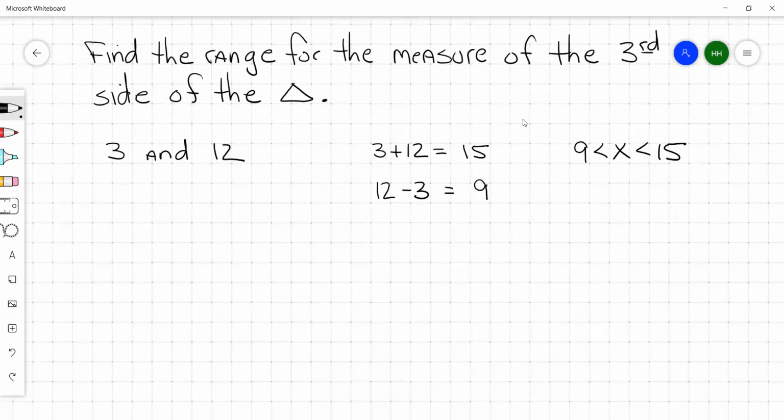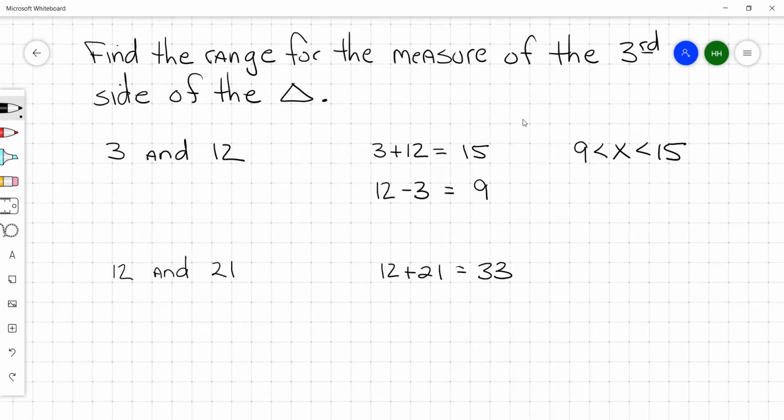All right, let's do one more of those. Find the range for the measure of the third side of the triangle. Let's say we got a 12 and a 21. If 2 sides of a triangle are 12 and 21, we add them together, we get a 33.